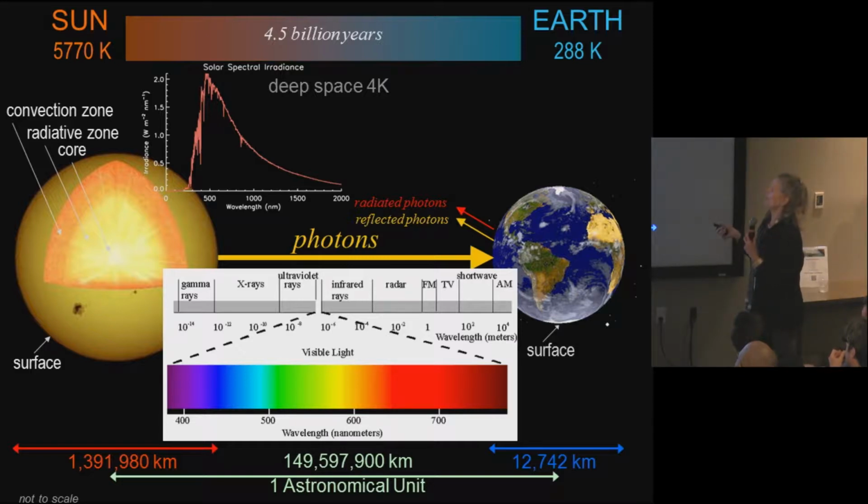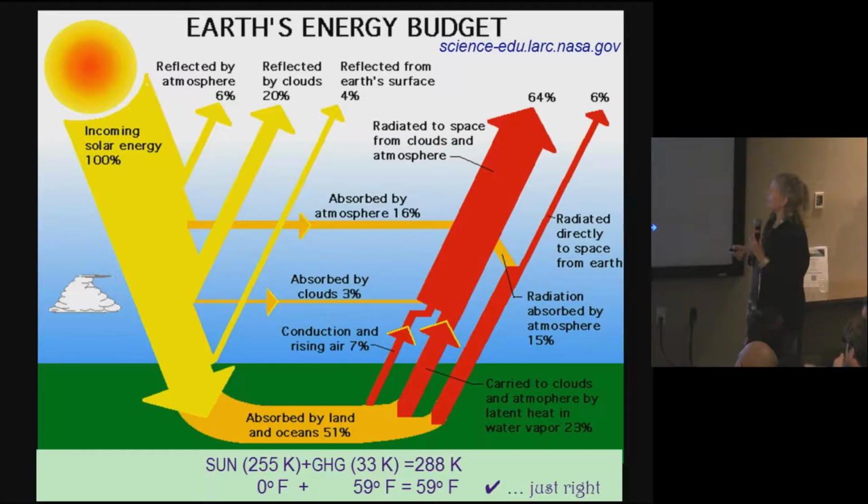Some of those photons are radiated back to space, and gases in the atmosphere absorb that. So this is the classical surface energy budget experiment. The sun comes in, it's absorbed by the land, some of it's reflected, some of it's absorbed by gases. The net effect is if you combine the sun's heating plus the greenhouse gas warming, then you get the temperature of the Earth's surface.